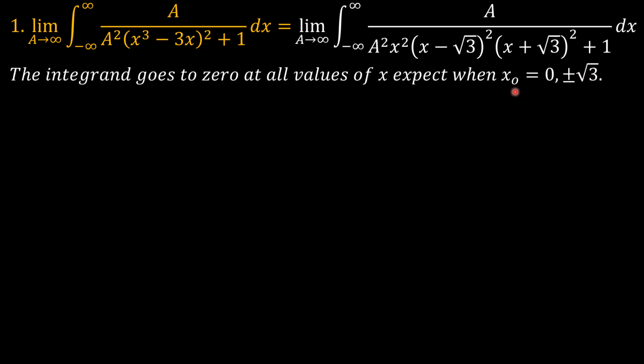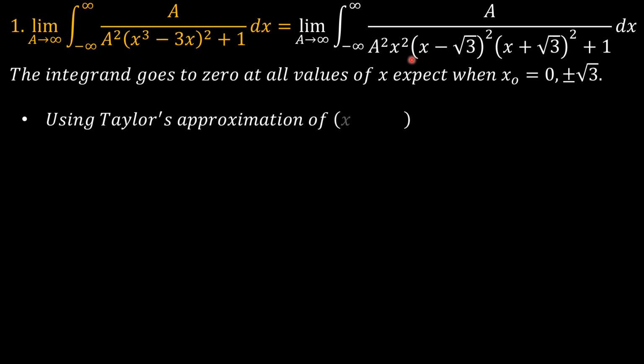So now, using Taylor's expansion or Taylor's approximation, we're going to look at what this function looks like at the points 0, x equals positive root 3, x equals negative root 3.